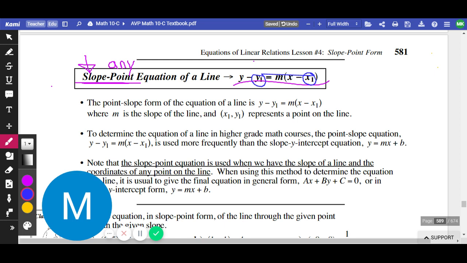The y1 and the x1, those are the values from your random point, or whatever point you're choosing to use. Okay, so when they say slope point, this is where your point comes in.